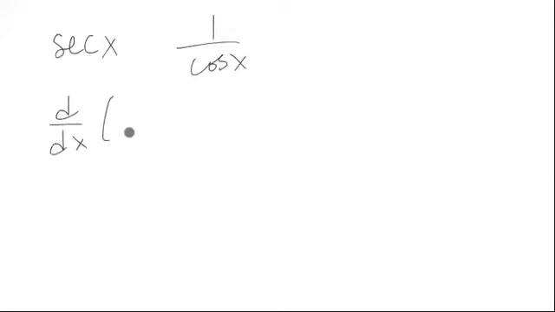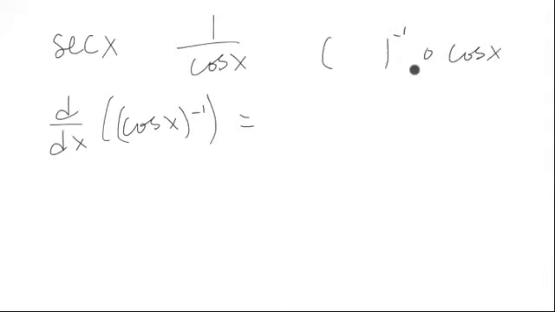Let's look at the derivative of secant now. So this is 1 over cosine. So we can think about taking the derivative of cosine x raised to the negative 1 power. Thinking of the same technique here, we get negative 1 times cosine to the negative 2, multiplied by the derivative of cosine, which is negative sine x.